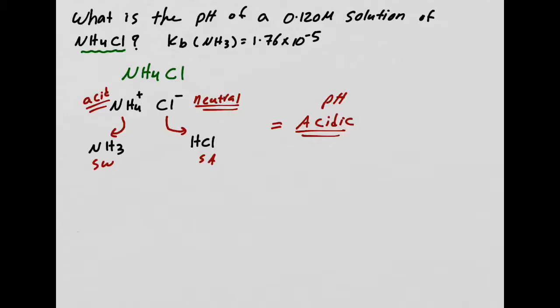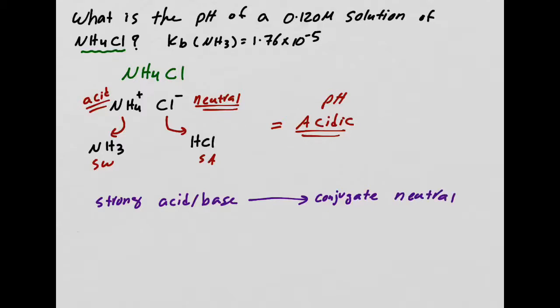Now, I can almost see your faces go, what? What is this? We haven't done this before. We've done it in pieces, and I'm going to summarize it for you here. If you have a strong acid or a strong base, the conjugate is going to be neutral. Not going to make much difference. If you have a weak acid, the conjugate is going to be a base.